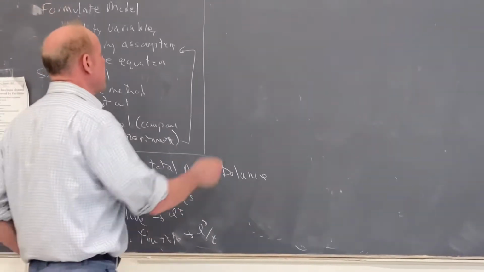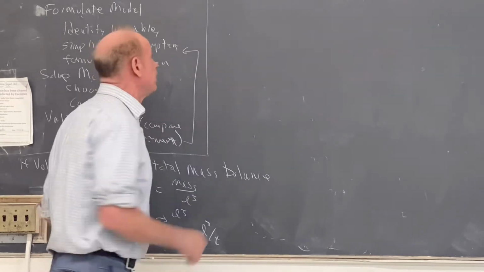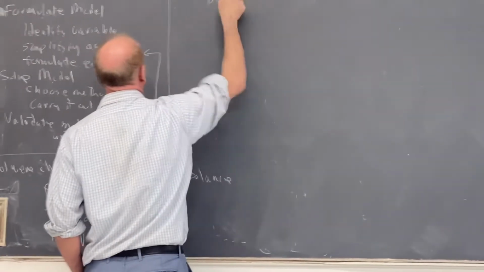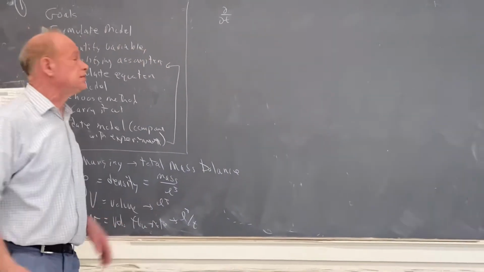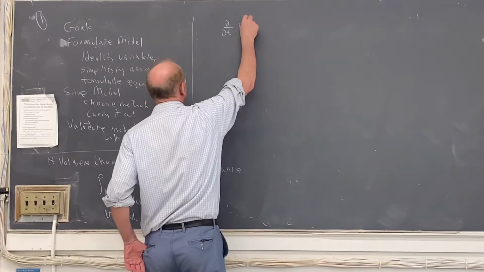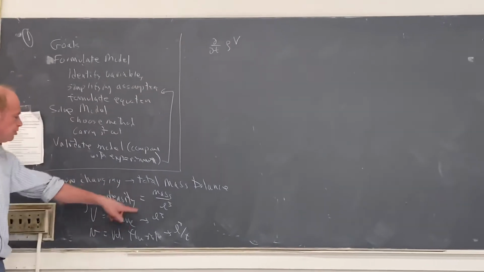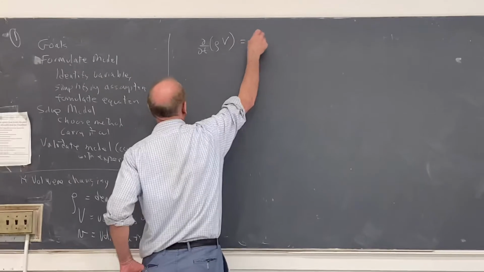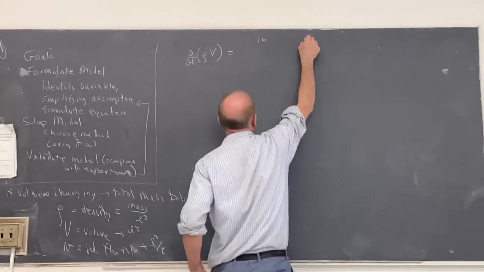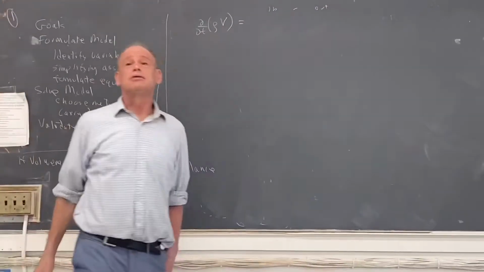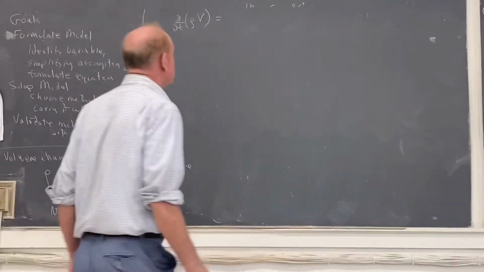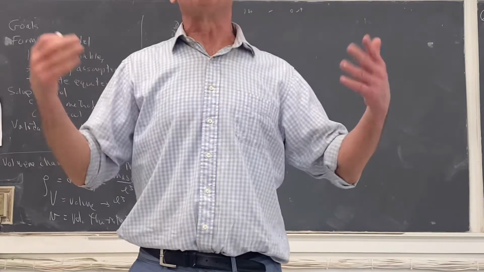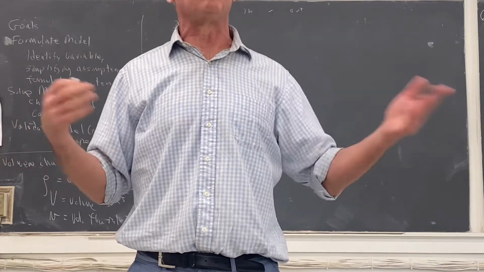And if I were doing a total mass balance, I would have d/dt of the total mass. The total mass is rho times the volume, because rho is mass per unit volume times the volume is mass. And that's equal to in minus out. And there's no reaction. Even if there were, mass is neither created nor destroyed as long as we stay away from relativity.